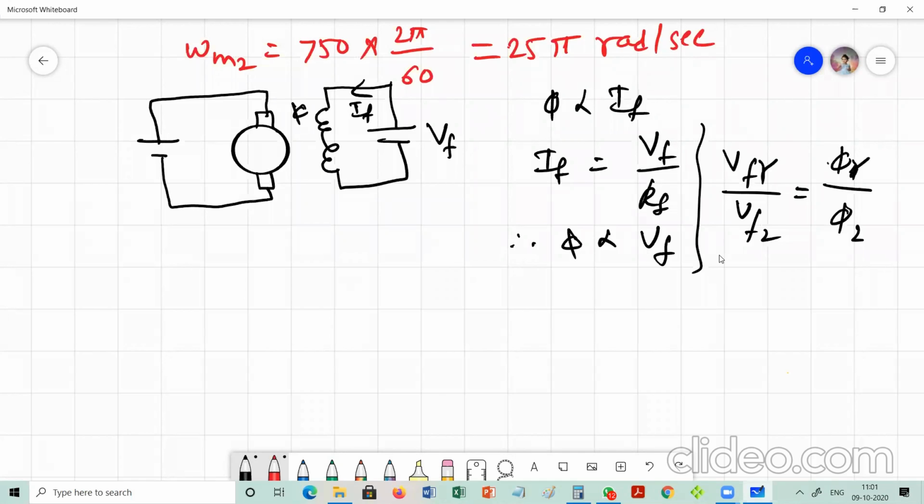Why instead of Vf1 have I taken Vfr, and instead of phi 1 phi r? Because the final point of the armature voltage control technique is the initial point of the field control technique.